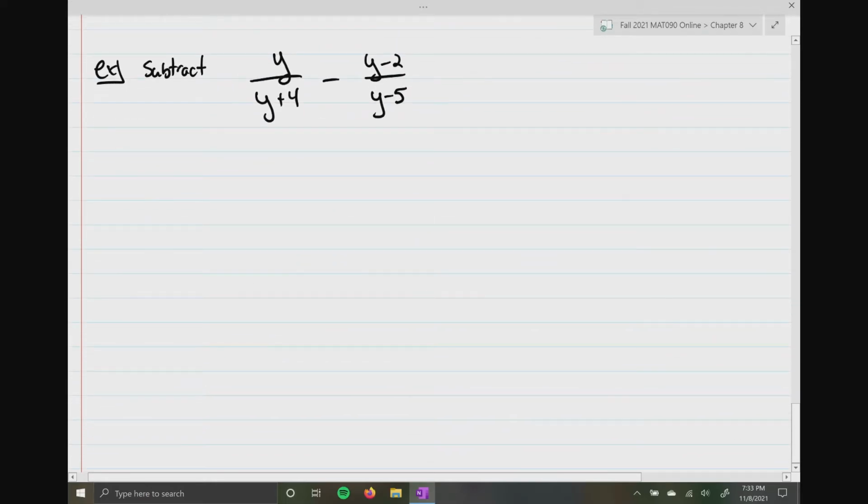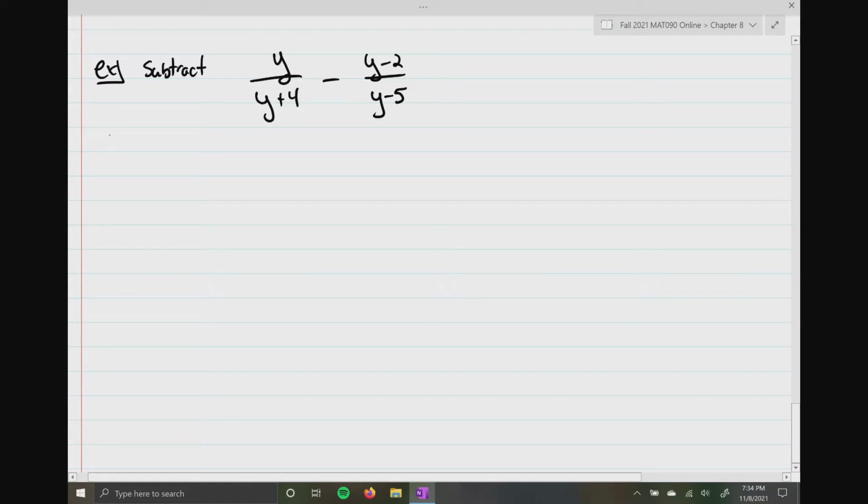Now, what makes this problem different from all the other ones is right here. That middle sign is negative, and that changes. Well, let me be honest with you. It doesn't change the game. It doesn't change your technique at all. It's just you got to be super careful.